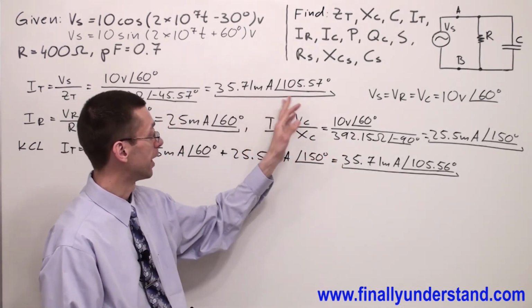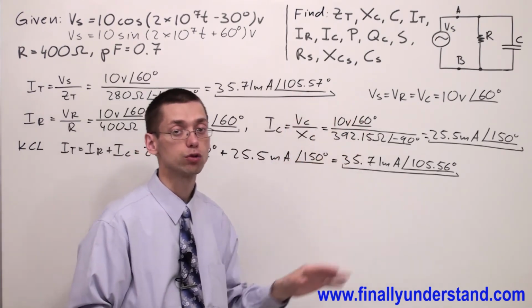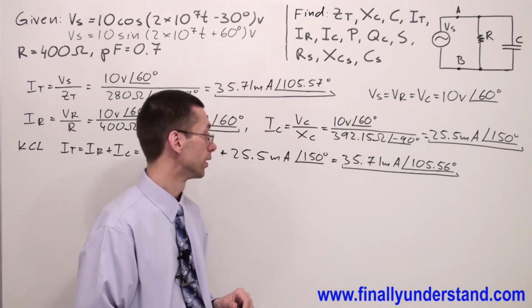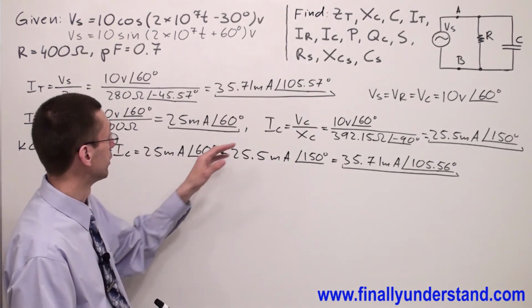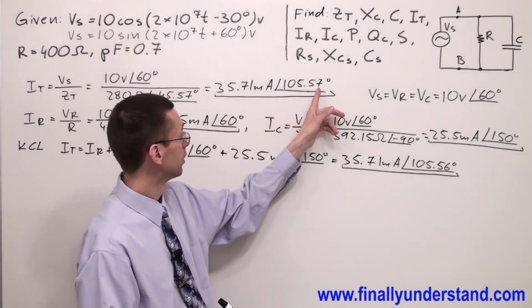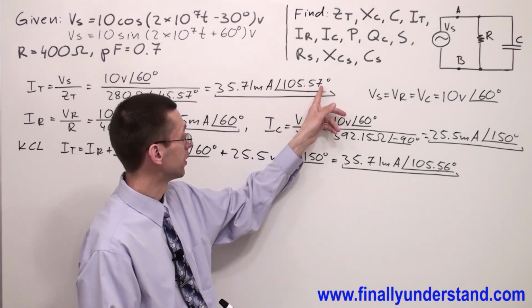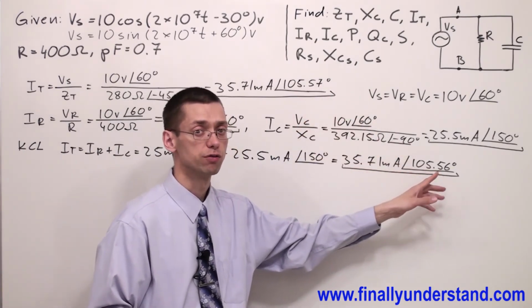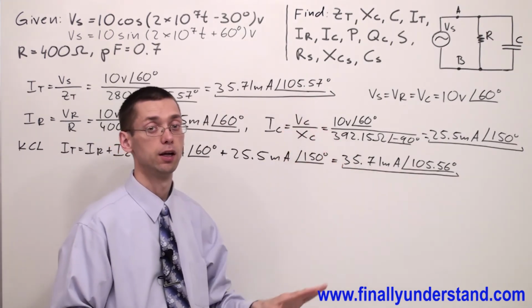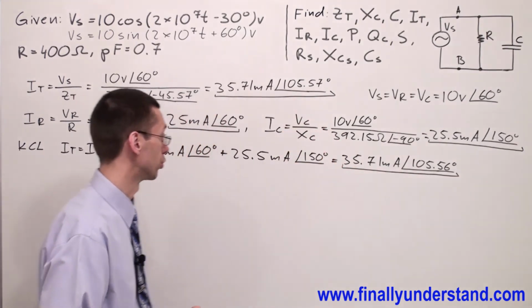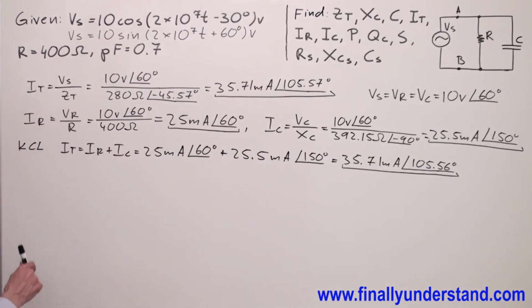If they are identical or very close to each other, it means that our calculations are fine. So the difference is just 7 and 6. This is a very small difference, so we can say that these two answers are identical. So far so good.